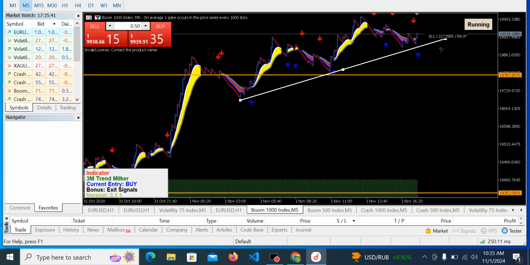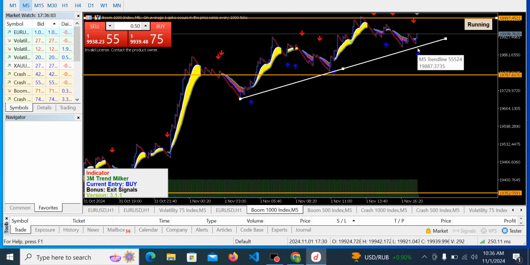So guys, if it breaks out below this, then we are most likely to have it selling till it gets to this horizontal line. But if it does not, then it will go back into a buying trend, and it should be targeting this particular resistance zone. So this is very important. If it breaks out below this trend line, then it should get to this region.